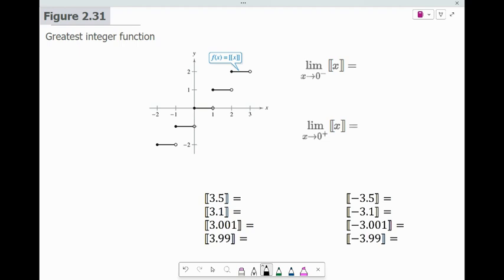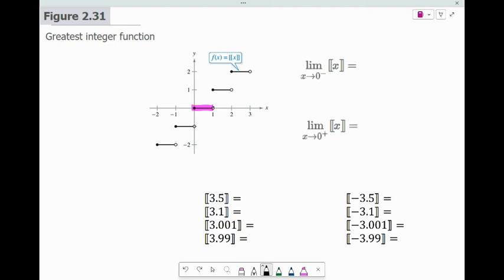So, for example, when you look at this first piece over here, when the x coordinates are 0, 0.1, 0.2, 0.3, 0.5, all the way up to 0.99999, we drop down to 0. But the minute x becomes 1, we hop up to 1.